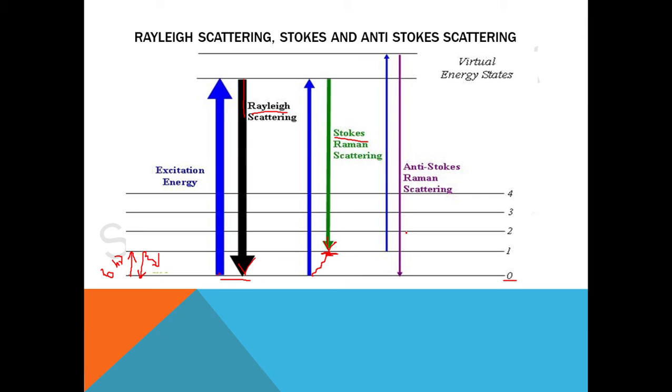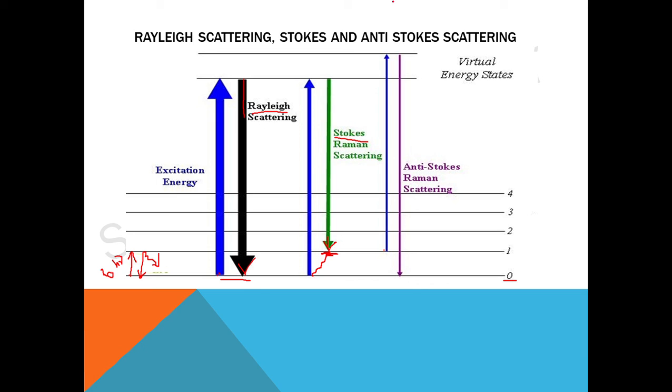But here, what happened? The jump is from the 0 level. What does 0 level mean? The electron in this energy level is happy and stable, but it gets some more energy, some disturbance.